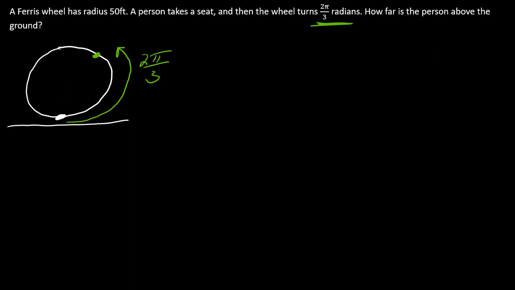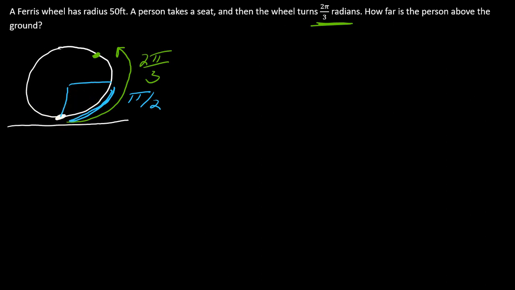Let me change my color here. So from here to here, this is pi over 2 radians, right? So up to 90 degrees. But again, remember, we've switched the orientation of this Ferris wheel, or of this circle.